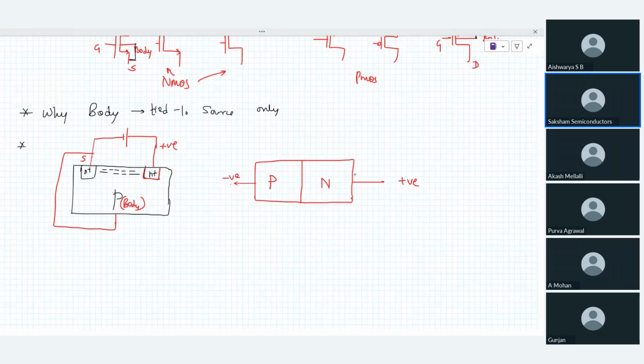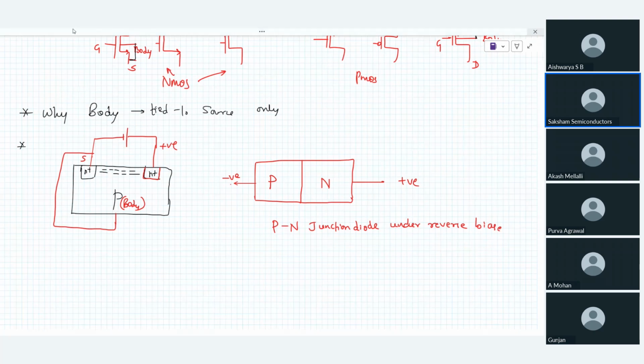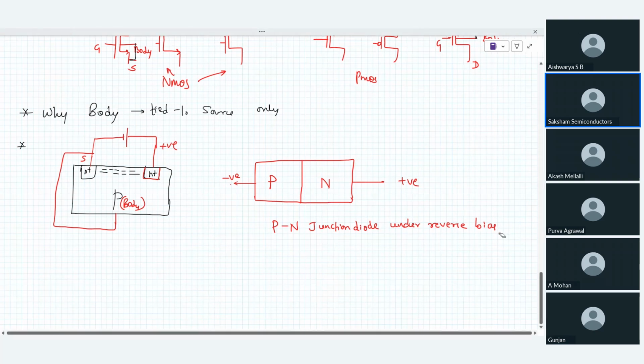Now, if you observe, is it not looking just like a PN junction diode under reverse bias action? How do you define the biasing scheme?